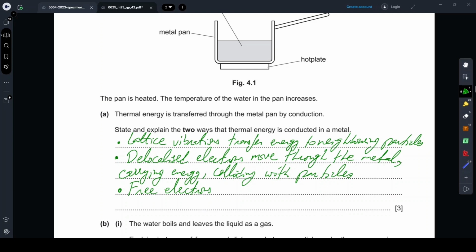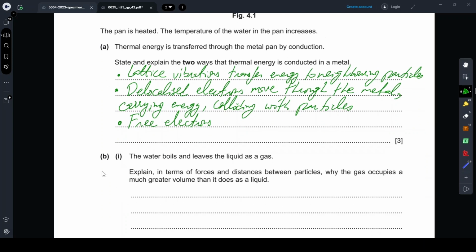I don't know why, but that's what they've done. So one is electrons going from here to here, and then you've got electrons coming in and colliding with particles to raise their energy, and then you've got the lattice vibrations. Those are three things.